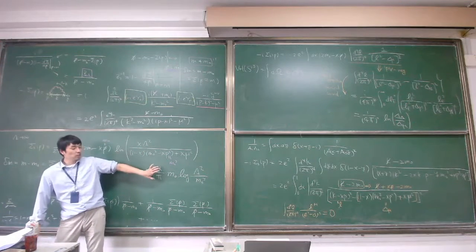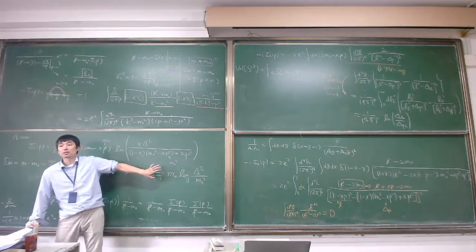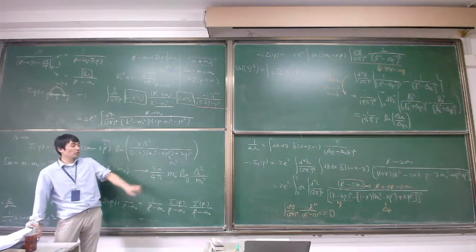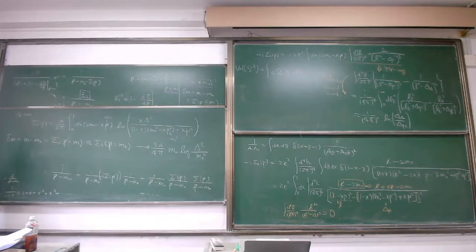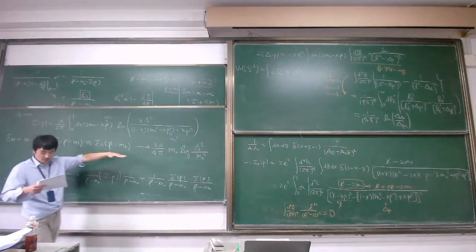And what you get is this numerical factor, which is not that important. But the important thing is that the difference between the bare mass and the physical mass has this kind of contribution.